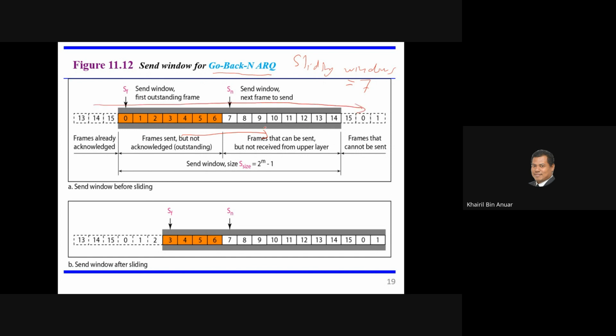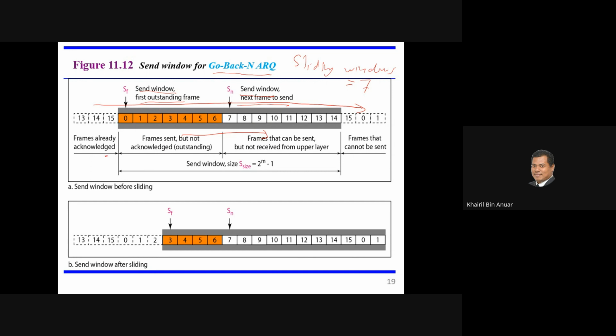You can have these windows slide so that you are able to further transmit within the specific period. Here, this is the send window, first outstanding frame, send window, next frame to be sent. So this is the next frame, this is the current frame.